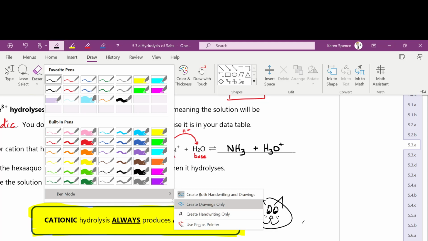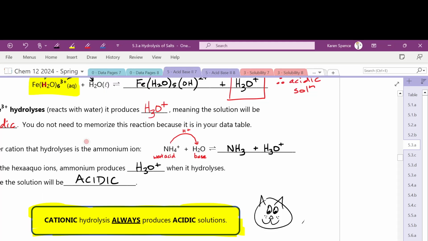Oh, I don't have a red highlighter. No, I don't. I have a red pen. See? Oh, that was sad. Okay. Whoa.